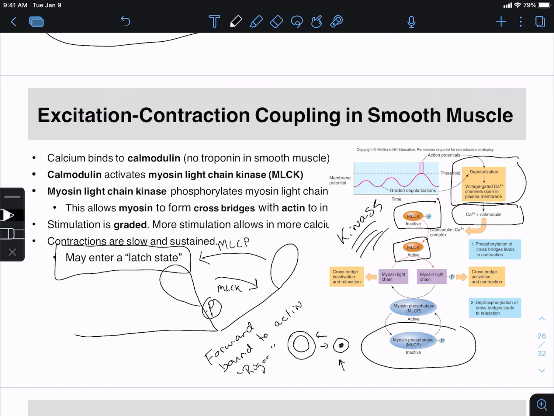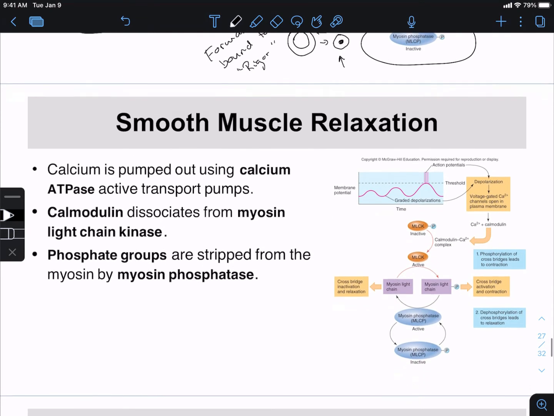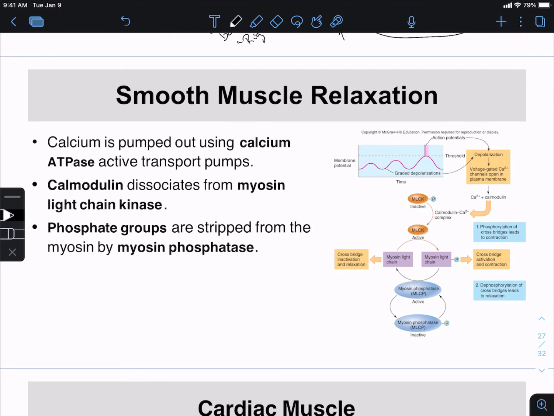If we have a lot of calcium in the cytoplasm, we get more activation of the myosin light chain kinase and stronger contractions. If we get less calcium, we have less activation and less cycling of that cross-bridge cycle. Relaxation is going to be similar in concept to the relaxation in skeletal muscle, in that we basically need to get rid of the calcium.